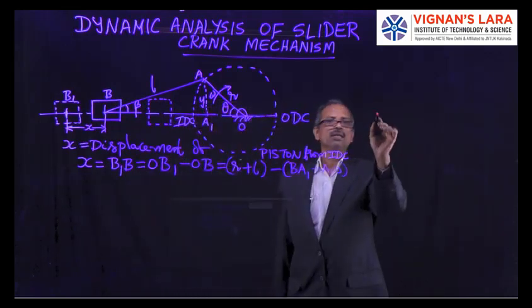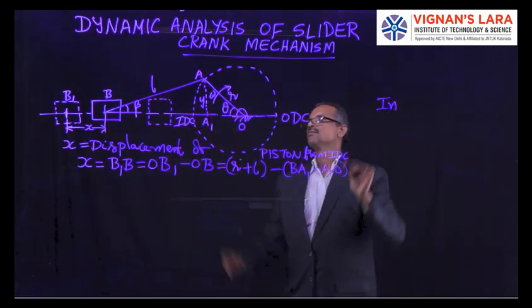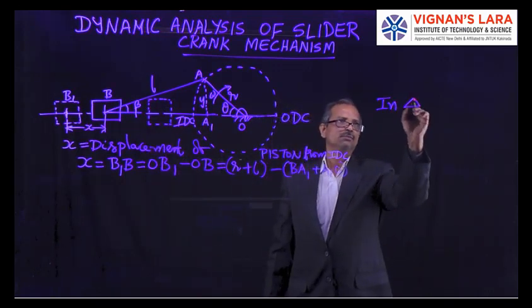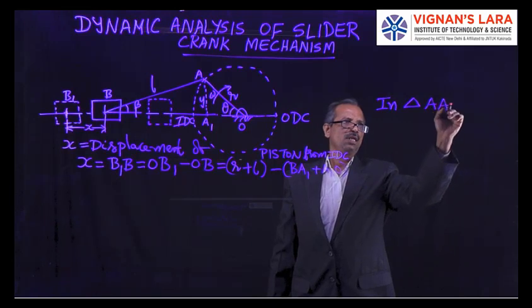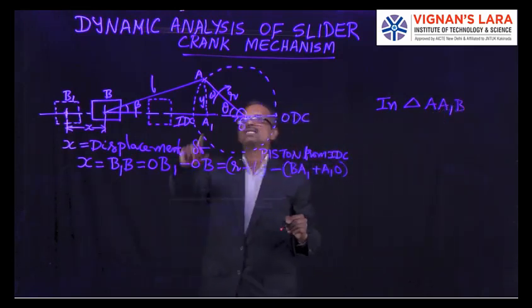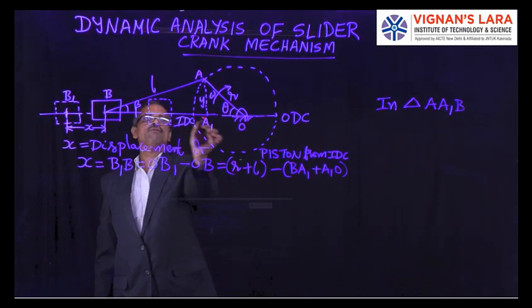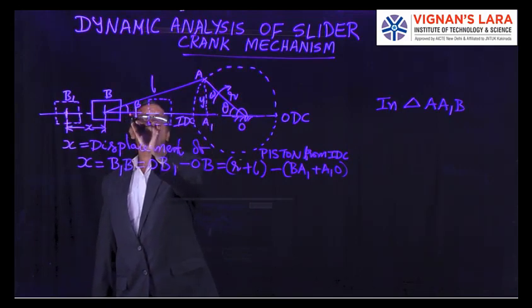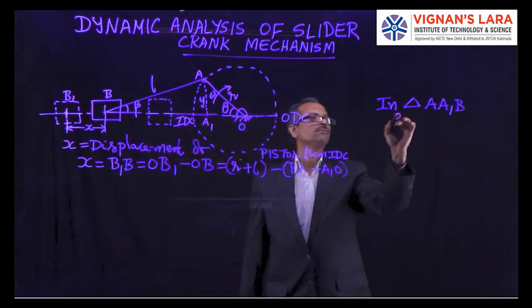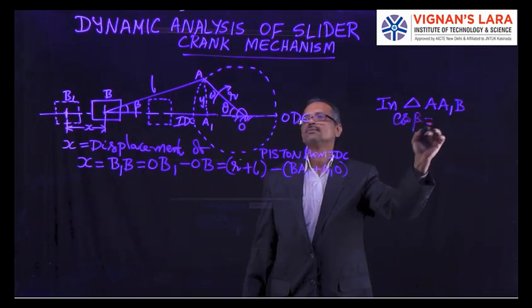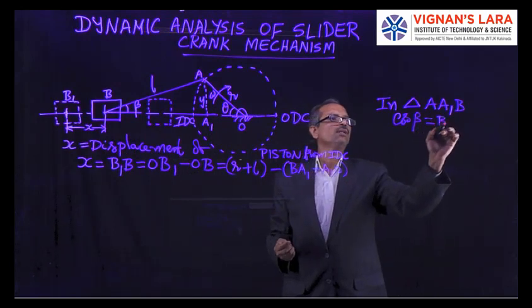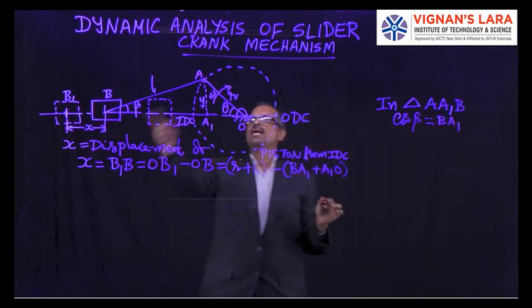In triangle A1B, cos beta is equal to BA1 by AB.